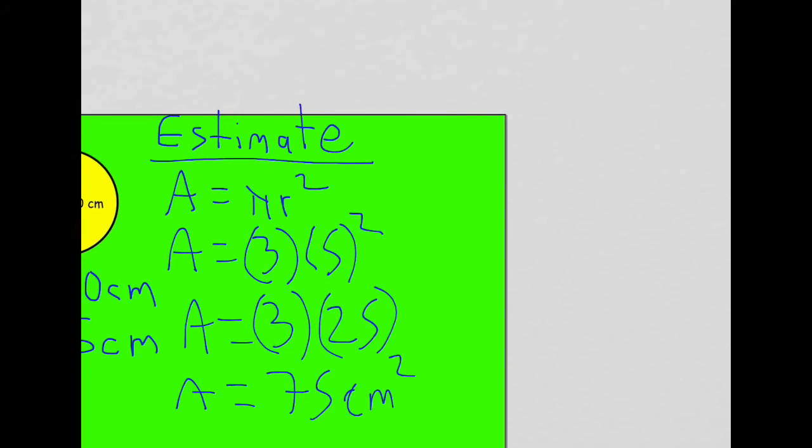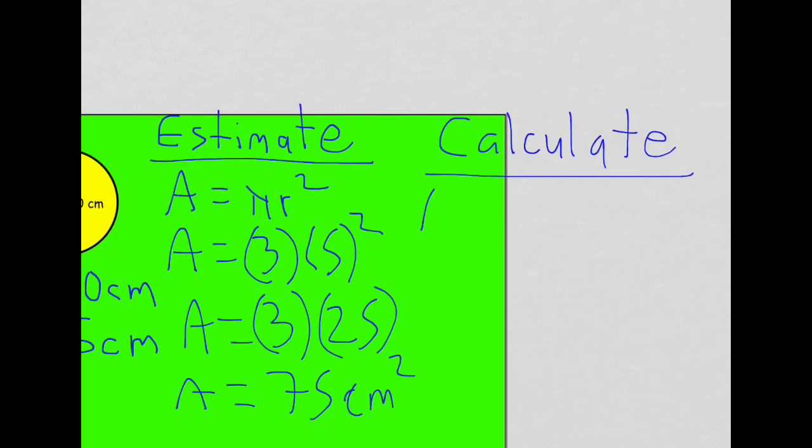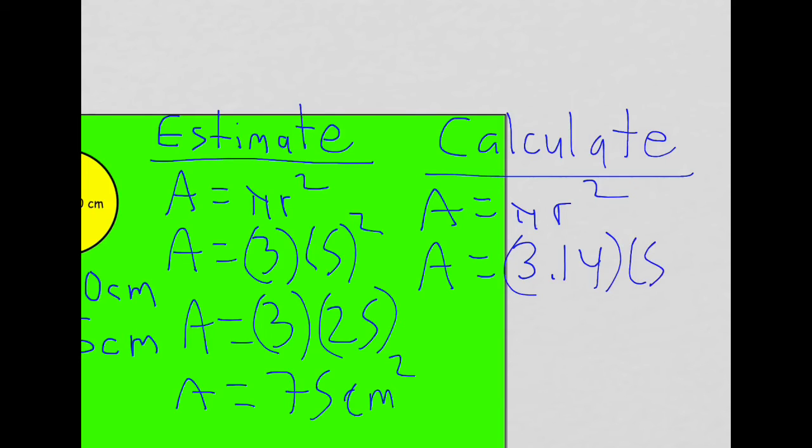Now we'll do the exact answer. We'll say calculate. And it's almost the exact same thing, but we don't round off pi. So a equals pi times the radius squared. A equals 3.14 times 5 squared.